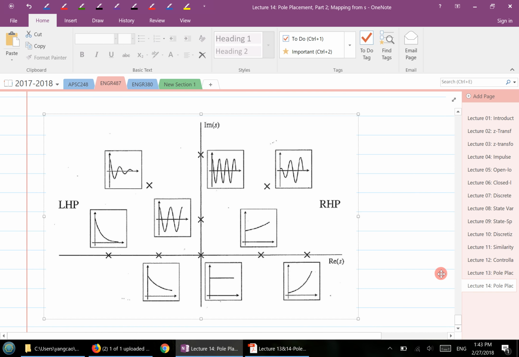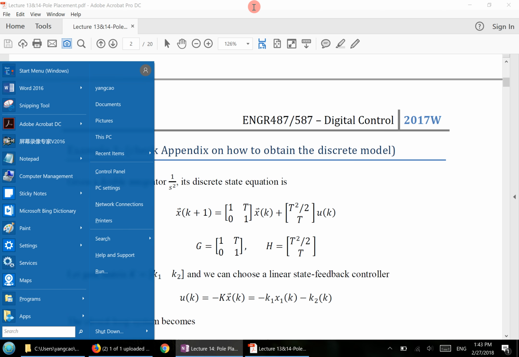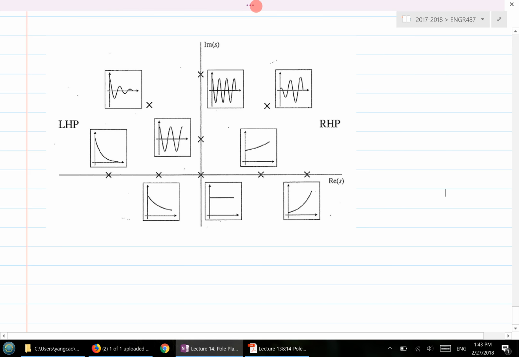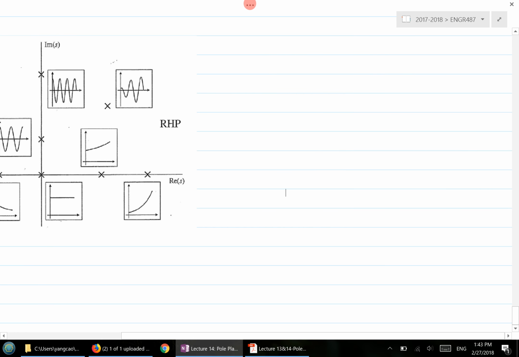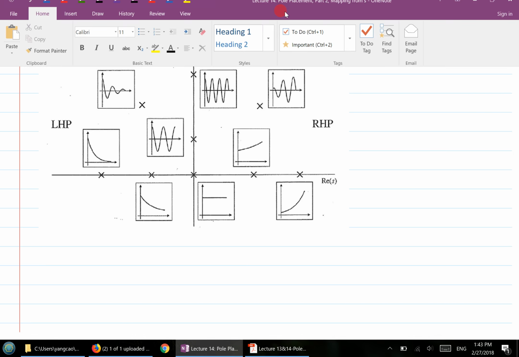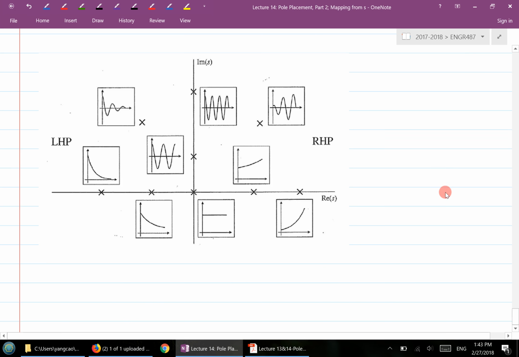And you have learned control systems mostly in the continuous domain, right? When you learn control systems in the continuous domain, one of the things you learn is what exactly the pole location in the S-plane corresponds to in terms of system response, right? So here's the graph. I think you've probably seen it. I don't know if you remember.